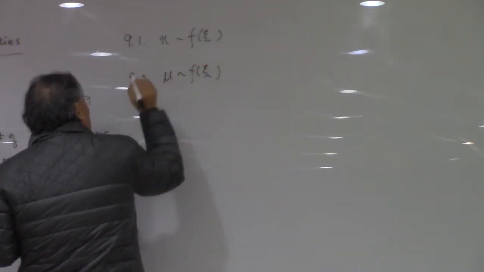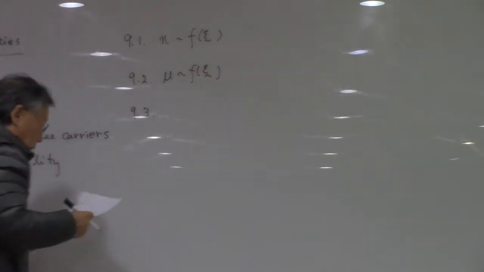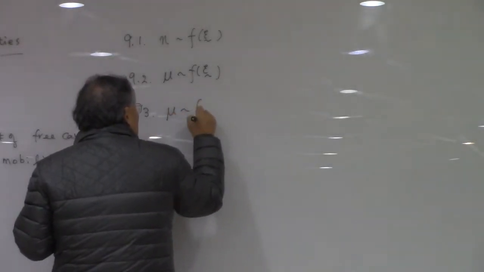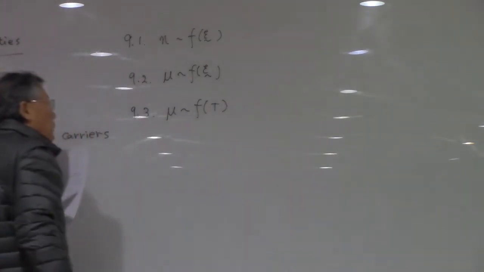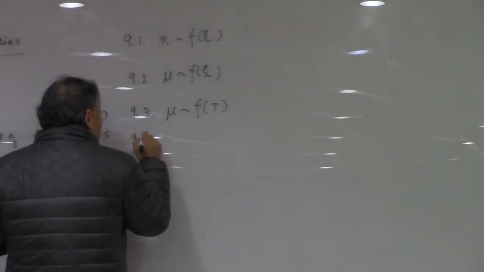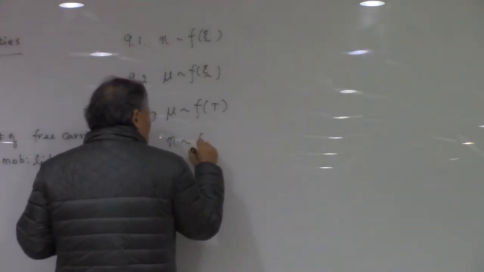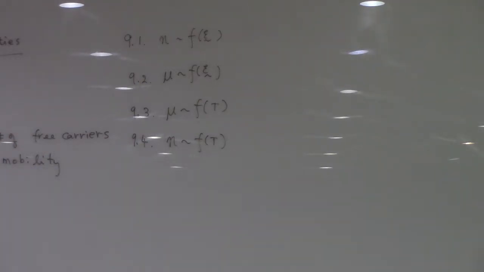That is 9.2. And 9.3 is the effect of temperature on the mobility of the material. And finally, we are going to discuss the effect of temperature on the number of free carriers. All right?